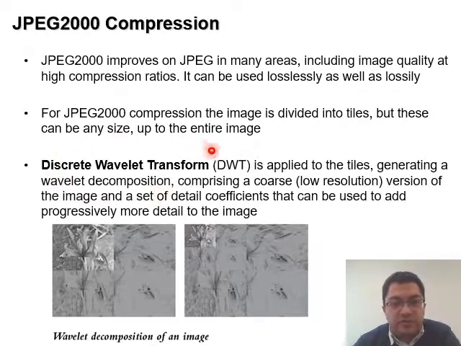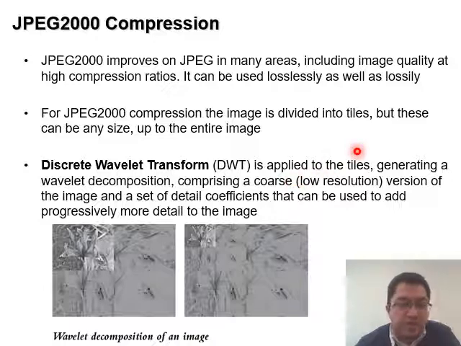Instead of the discrete cosine transform, it uses something else called the discrete wavelet transform, or DWT. This is how it looks. If you have an image like this one, the idea of DWT is that you obtain multiple scales of the image. This is the original image, and you see different versions of the image with different resolutions, obtained through getting two sets of coefficients, called the approximation and the detail coefficients.